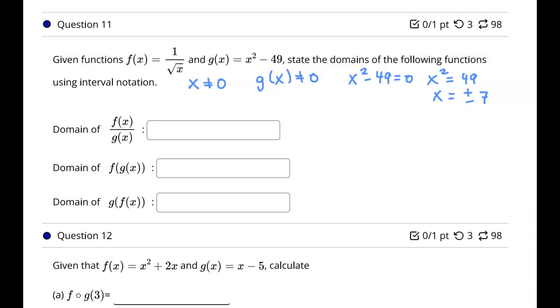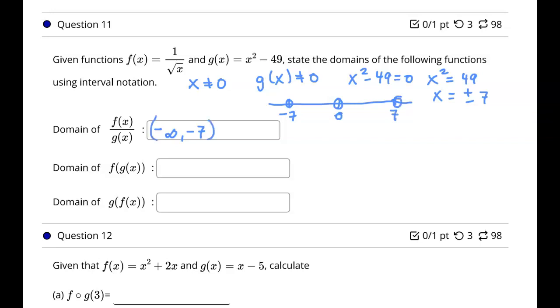So if we are giving this in interval notation, we have to exclude 0, we have to exclude 7, and we have to exclude negative 7. So our domain goes from negative infinity to negative 7, right? If we're looking at a number line, we have our first excluded value at negative 7, our second excluded value at 0, and our third excluded value at 7.